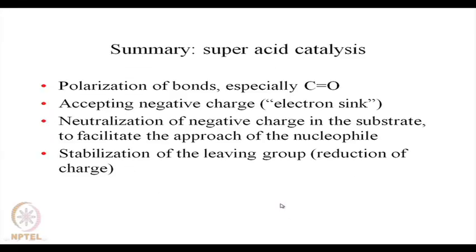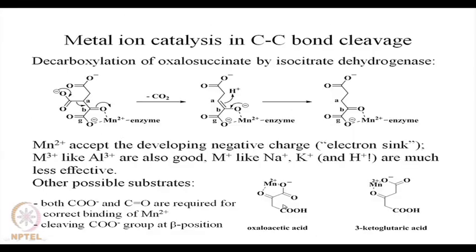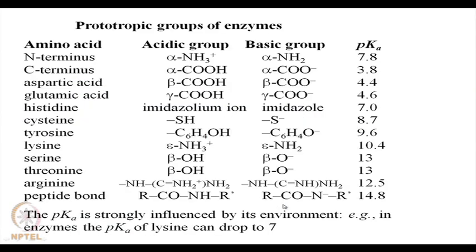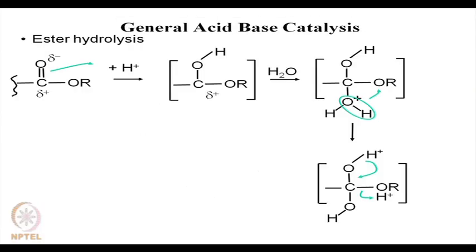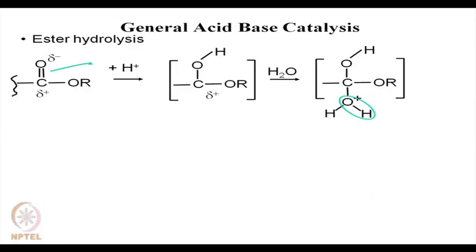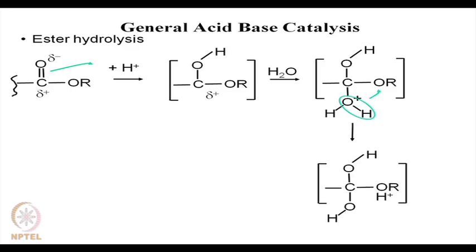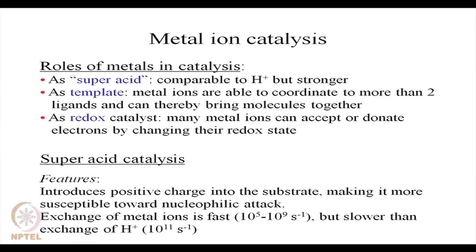So, what have we learned out of this discussion? Here we have talked about general acid base catalysis, then we moved on to metal ion catalysis. Why have we moved on?